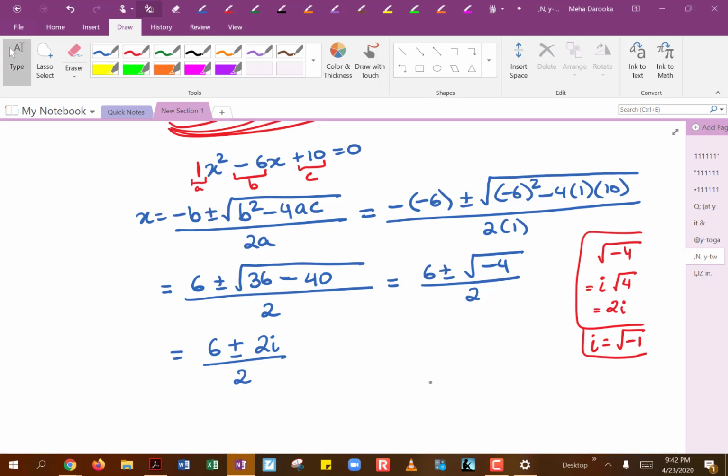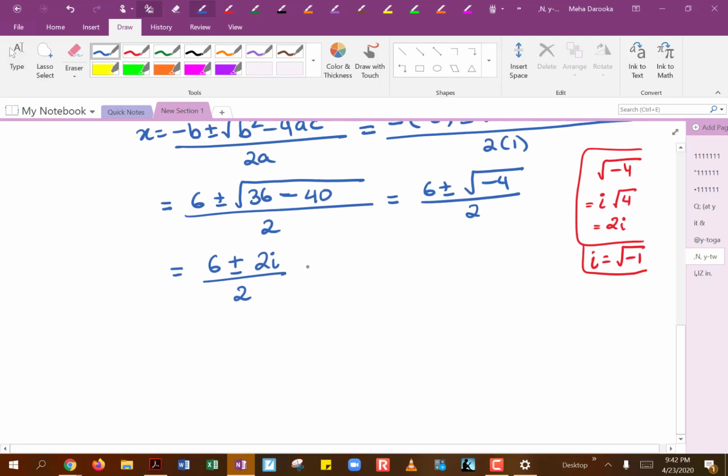Okay, alrighty, so let's clean this up. We'll go ahead and separate this. Let's do this as 6 divided by 2 plus or minus 2i divided by 2. So here you will see 2 goes into 6 3 times, 2 goes into 2 itself 1 time.